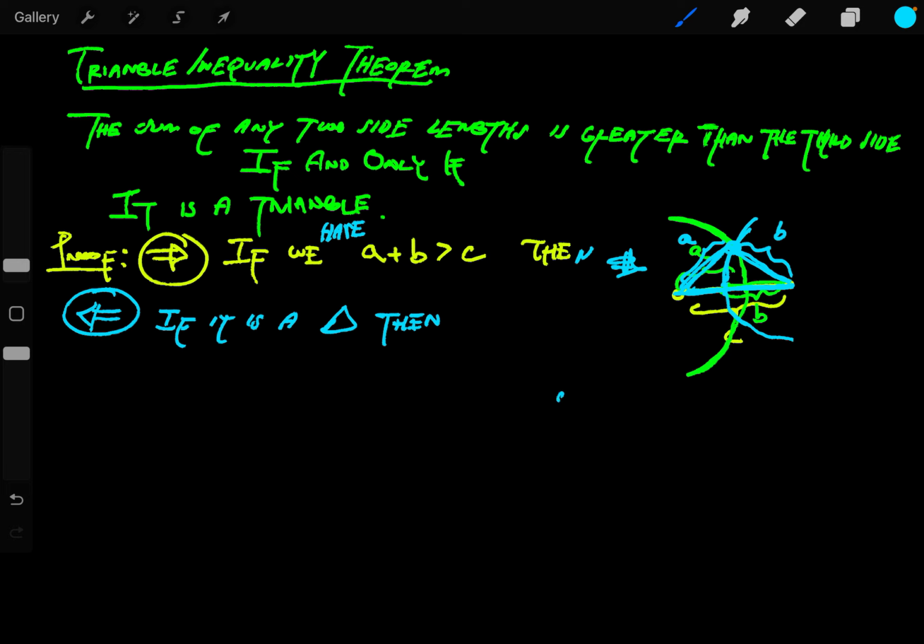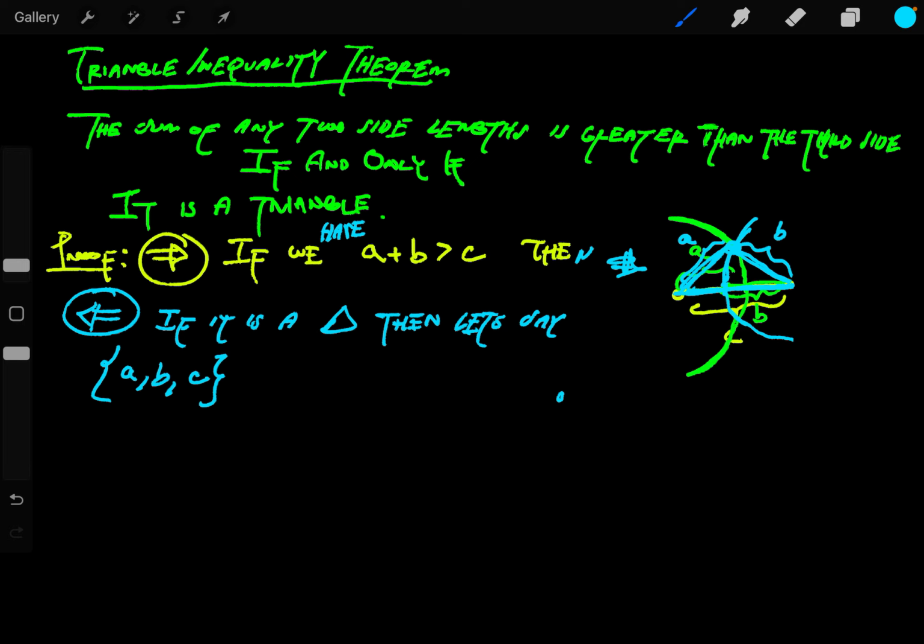Then let's say in this, these are the side lengths A, B, and C. I want to show that the sum of the two smaller side lengths is greater than the third side. So let's just say again that C is the largest side, or one of the largest sides, because it could be an isosceles, with the shortest side, these two are congruent.